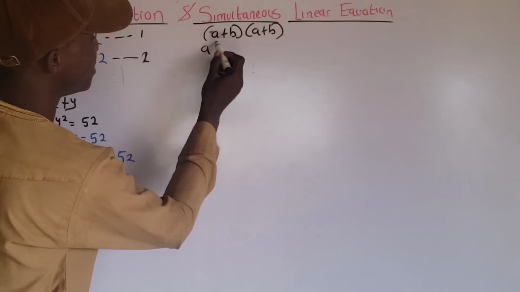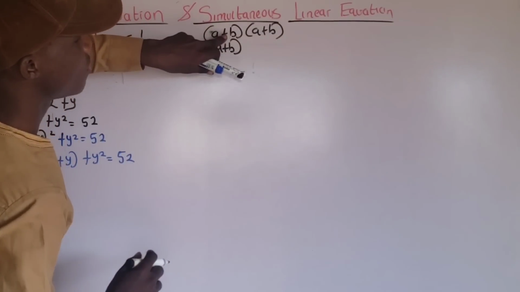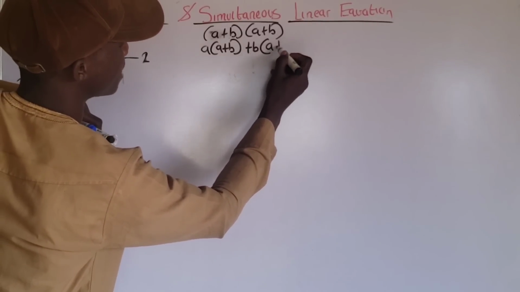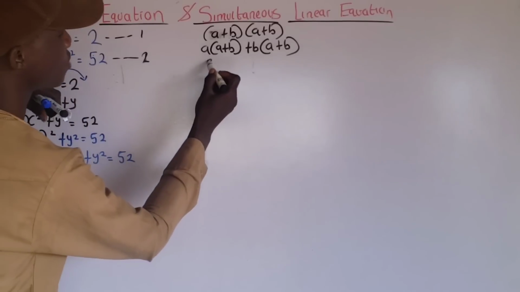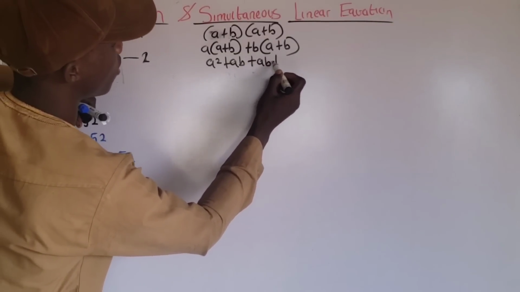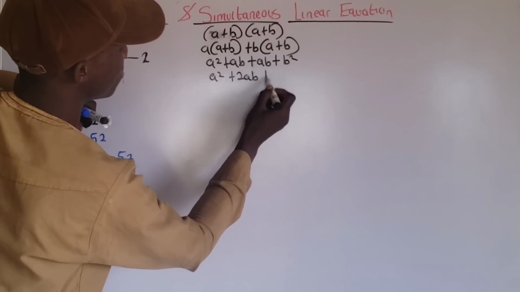So I'm going to have a into (a plus b). Then the second one, which is plus b, I'm going to use it to multiply the second bracket as well. So here I'm going to have a squared plus ab plus ab plus b squared, that is, a squared plus 2ab plus b squared.